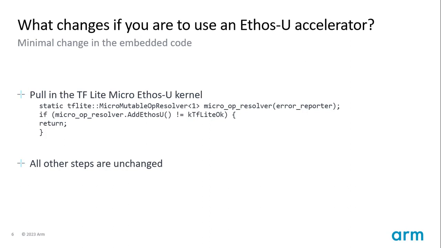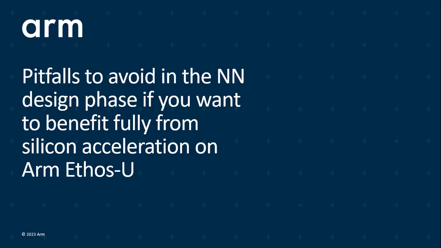Now, this is looking into the embedded software. But for machine learning, obviously, a very important part is the neural network that you're running. So the next two slides are about those of you that really want to get maximum acceleration from your system on chip, and you want to be able to achieve this 800x improvement in performance that I was speaking about in the first slide.